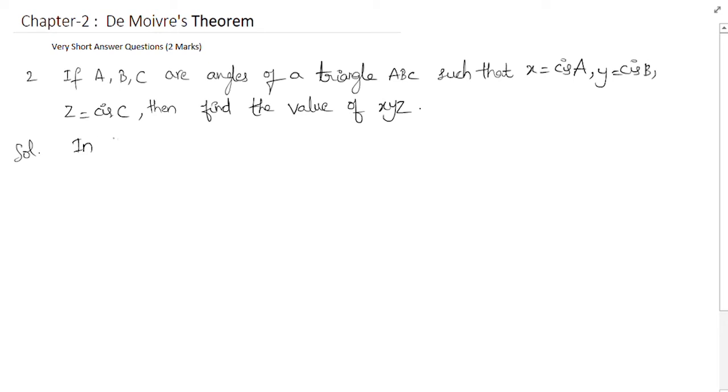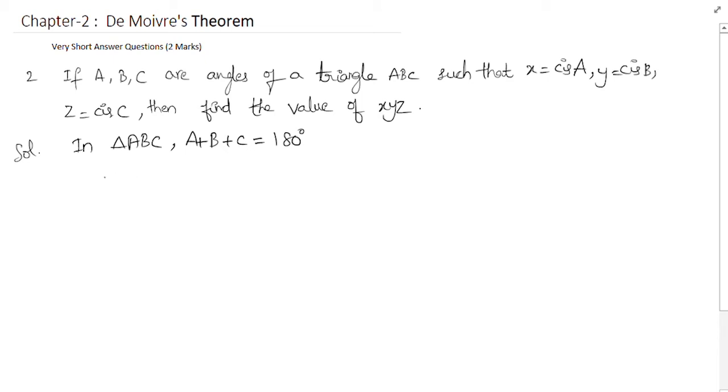So, in triangle ABC, we know that A plus B plus C is equal to 180 degrees because they have given that A, B and C are the angles of a triangle. When we sum them, they'll be equal to 180 degrees.